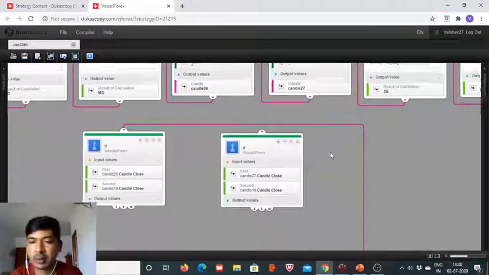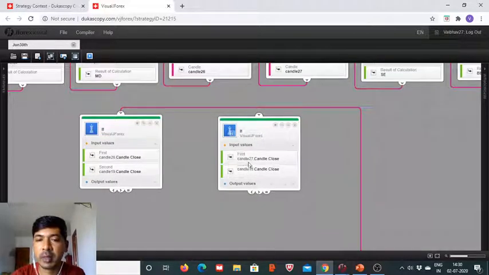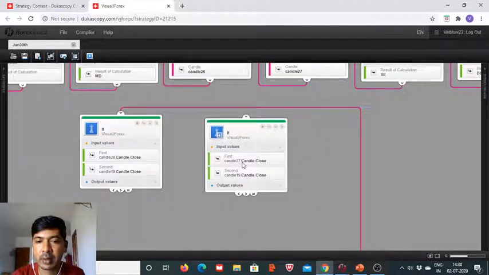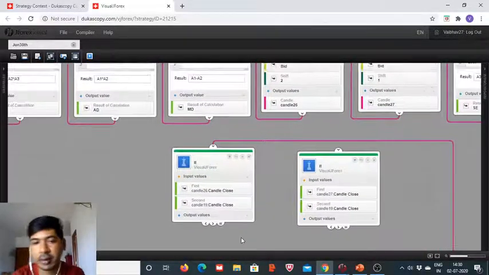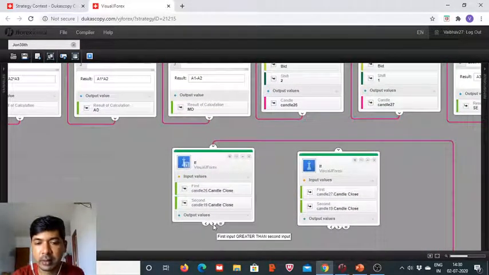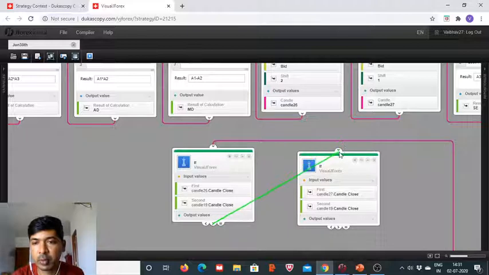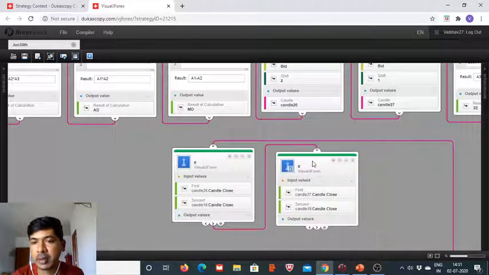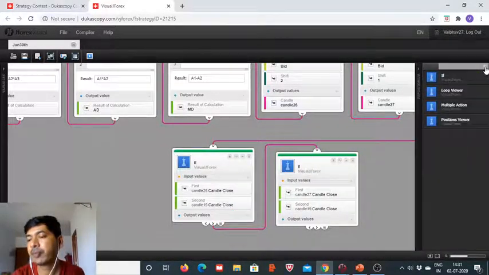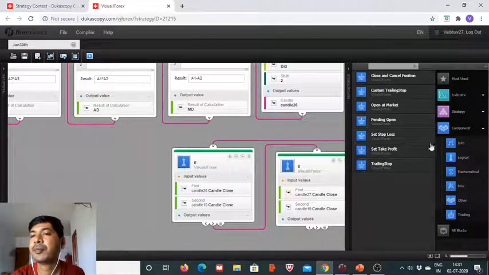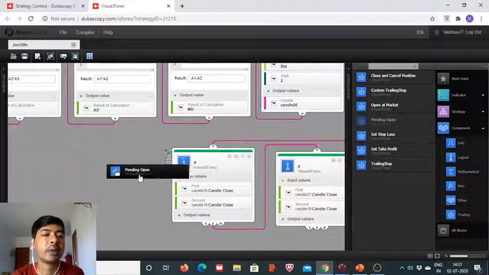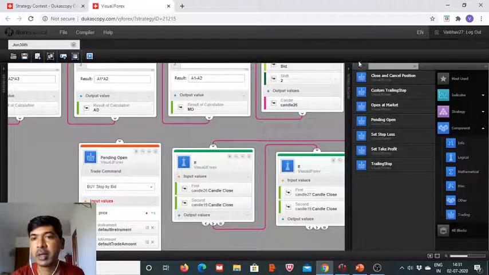That means it should be below the candle 19, whereas candle 26 should have closed higher than the candle 19. So here first input greater than second input, and then we get the pending open order on the sell limit.